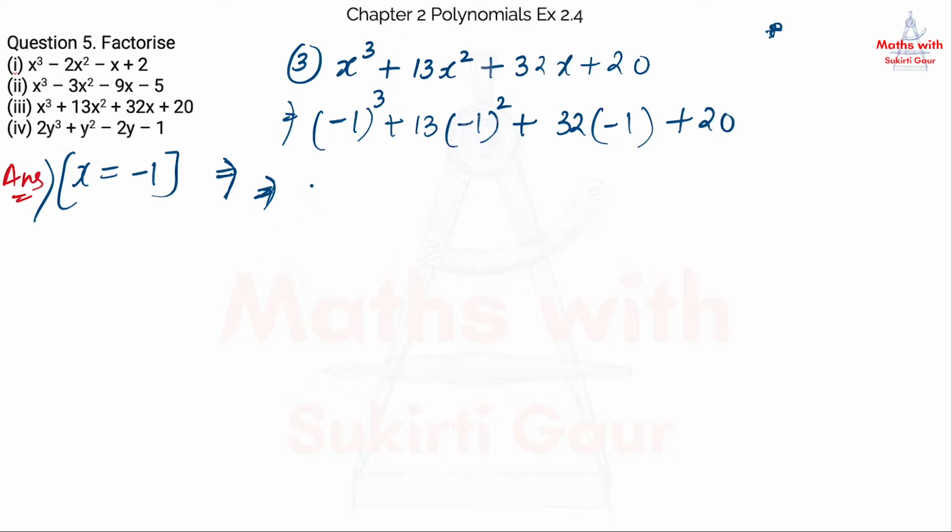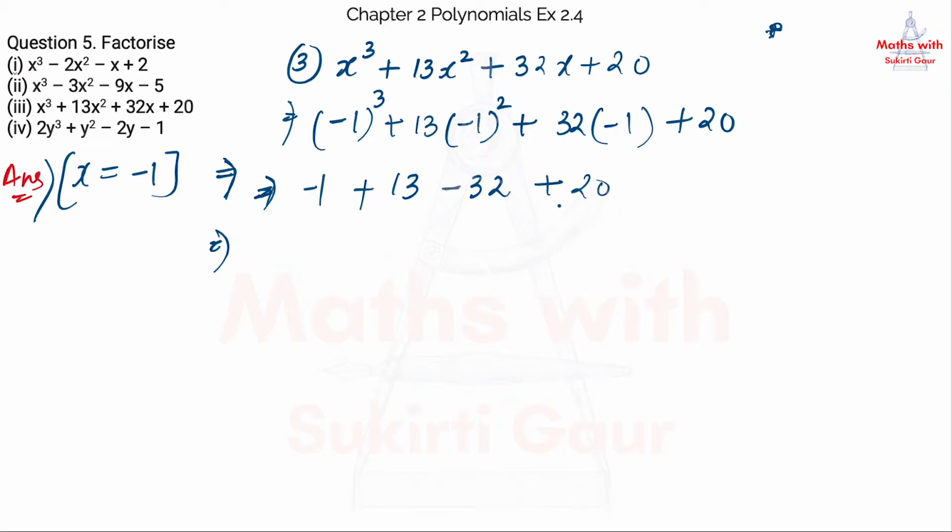So when I'm putting this, I'm getting -1 cube as -1 plus 13 into +1. Of course, this -1 square will give us +1. It will give us +13. Here we'll be getting -32 and +20 at the last.